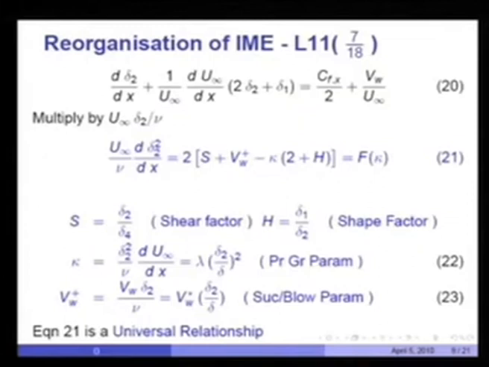We reorganize the integral momentum equation now by multiplying each term by u infinity delta 2 by nu.